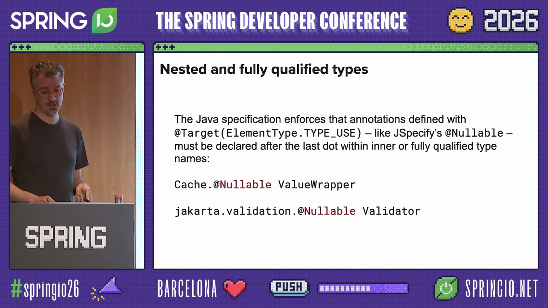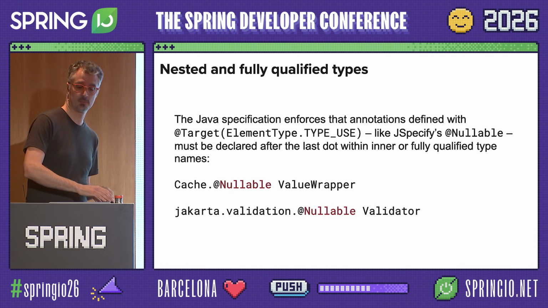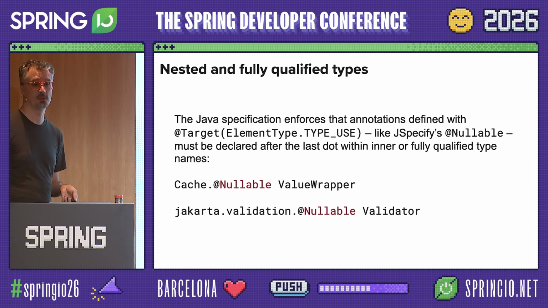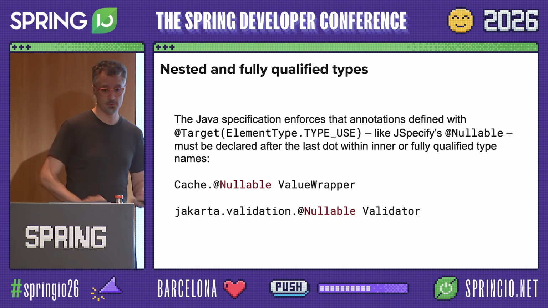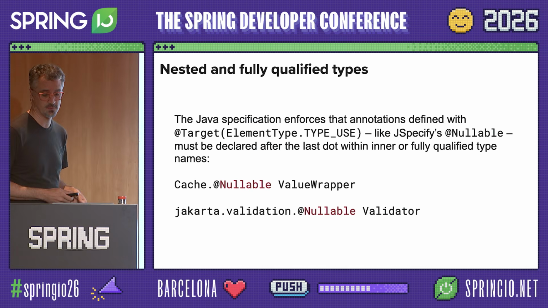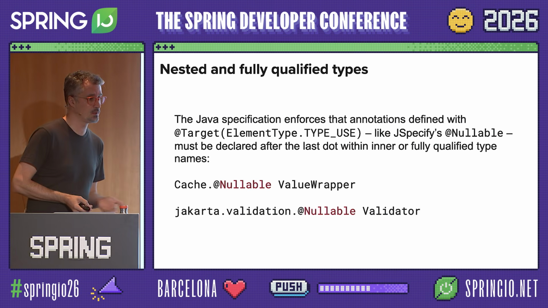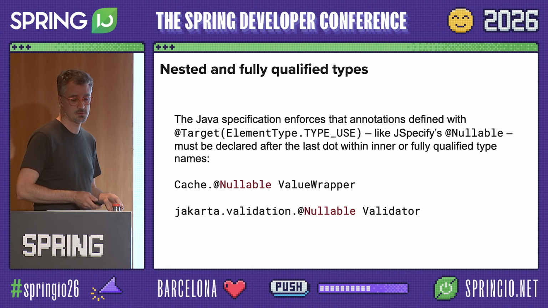If you want to annotate an inner type or a fully qualified type, you need to put the annotation after the last dot. If you put @Nullable Cache.ValueWrapper, you will have a compiler error, and same for the fully qualified java.validation.Validator. So a bit weird, not that common, but this is the Java specification, so JSpecify is just following that. So just be aware.